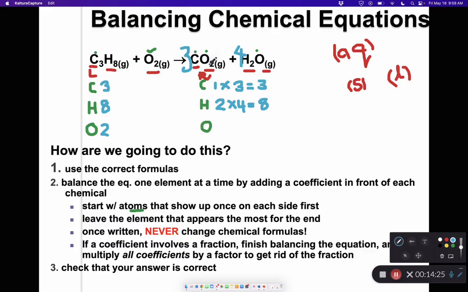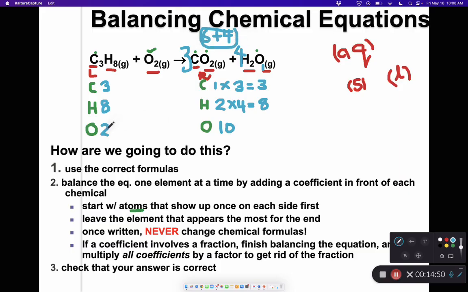So 3 times 2, I have 6, and here is a 1, so 4 times 1 is 4. So 6 plus 4, I have altogether 10 oxygen atoms on the right hand side. That's how we get 10 here, right?